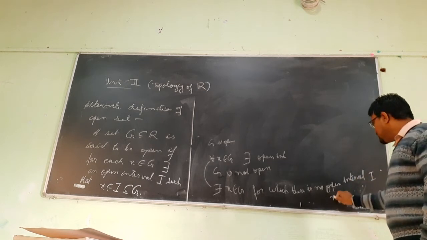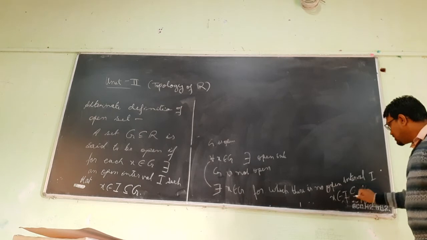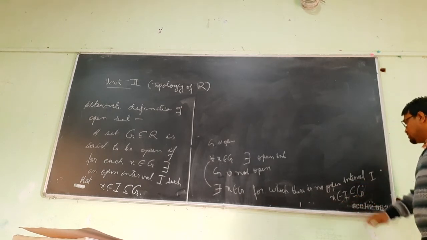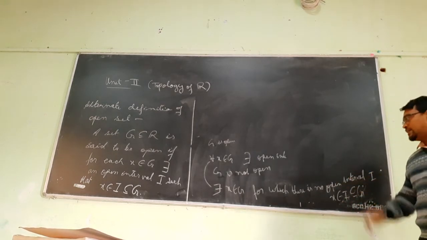There is no open interval I satisfying x belongs to I subset of G. If this happens, then we can say that the set is not open.